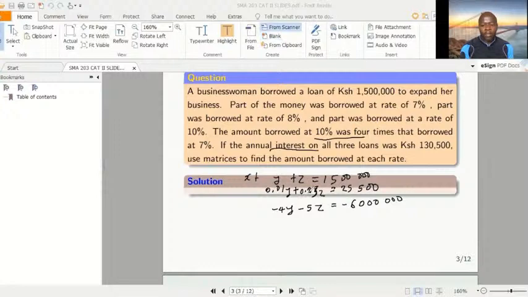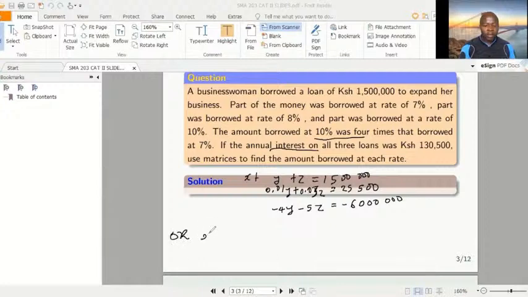But that's not what I want to do. What I want to do is to get a 4 here. The way to get a 4 here is to multiply equation 2 by 400 and subtract from equation 3 to get a 0 in this position.